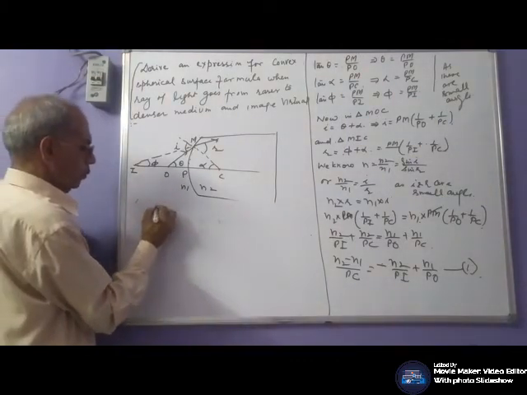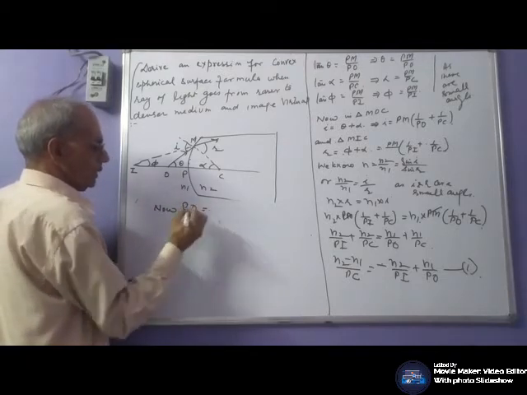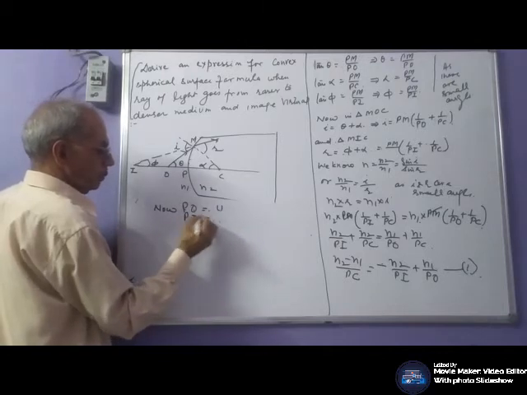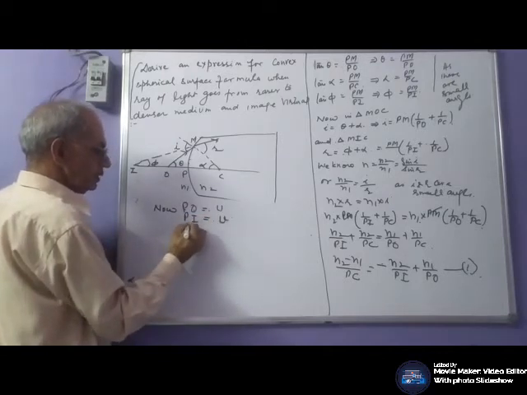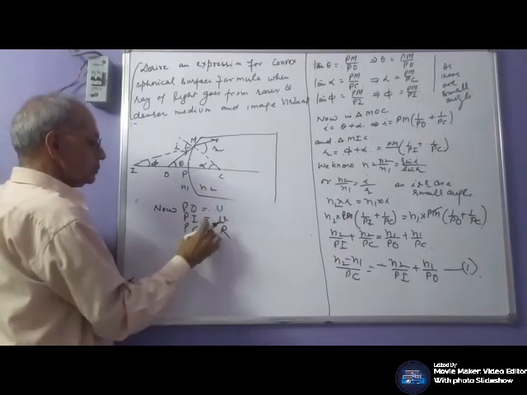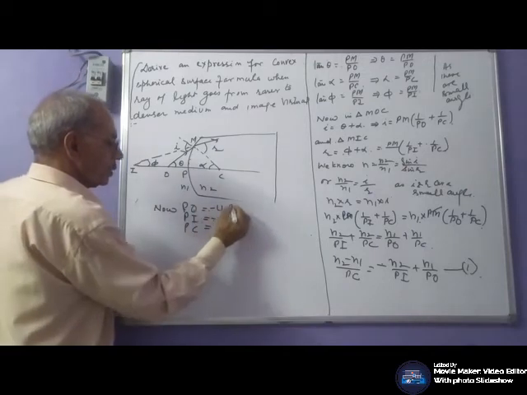Now, PO, object pole, it is U. PI, image pole, it is V. PC, it is R. Only PC is positive, right side; both are negative.